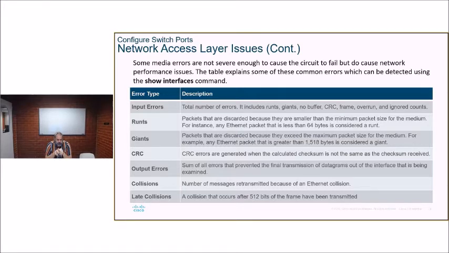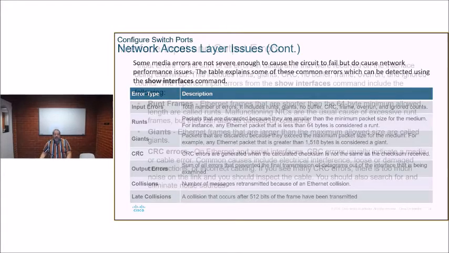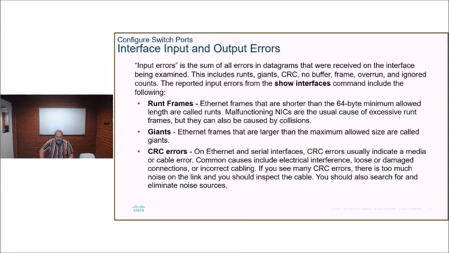Collisions are the number of messages retransmitted because of Ethernet collisions. And then late collisions occur after the first 64 bytes or 512 bits. That is what actually tells you that there's a fairly large problem on that network, and one of the possibilities is you've got a long cable. Of course, it's probably running in half duplex mode as well.